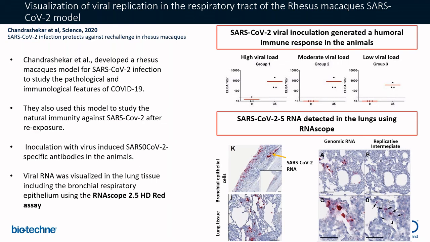They used the RNAscope chromogenic red assay to visualize the SARS-CoV-2 viral RNA in lung tissue, along with detecting its replicating intermediate. And that's really a big power of this SARS-CoV-2 probe by ACD: you can not only look at the viral strand, but you can also look at the replicating strand and find out the active replication on the same tissue section by performing either a duplex assay or a multiplex assay.